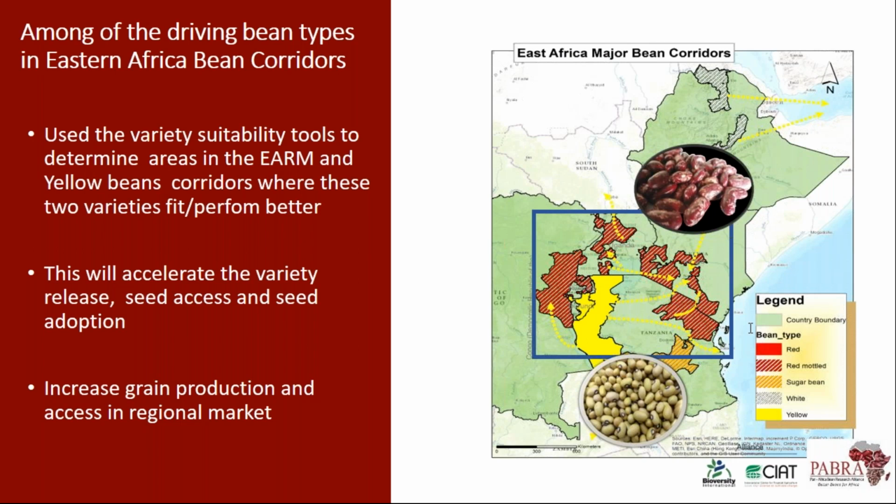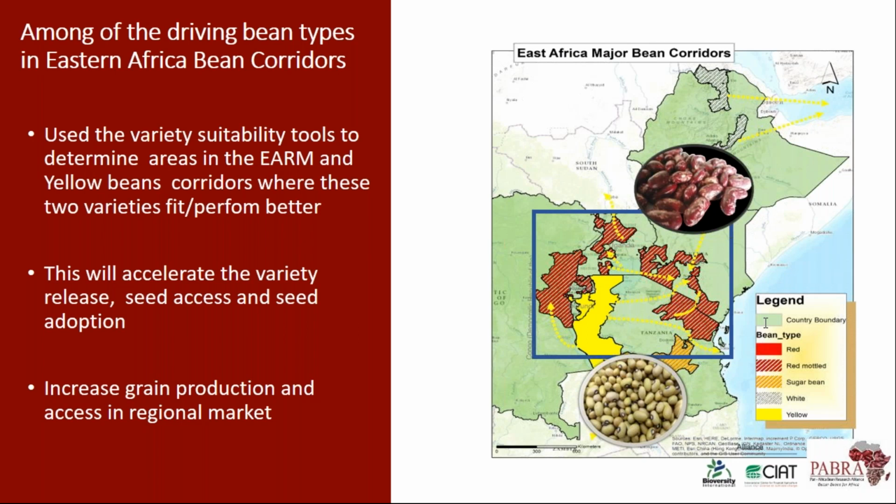But in order to help them further, we also need to know where these market types can perform better, so that we save time and do not use our time badly. So we use the variety suitability tool to determine areas in the East Africa red mottled corridor and the yellow bean corridor where these two varieties can fit or perform better.